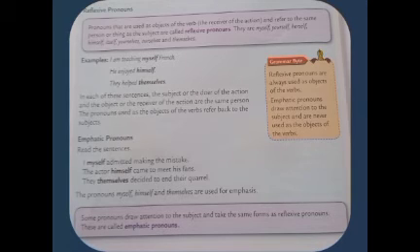He himself, that is emphatic. He helped himself. If a verb comes after the subject and we focus more on the object, that is a reflexive pronoun. I think you understood the difference. Okay, next.